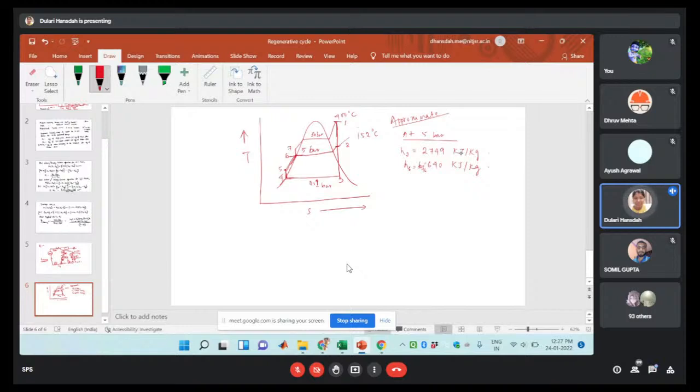कितना है आपका S1? 1.8606. S1 या और क्या लिए हैं आप?